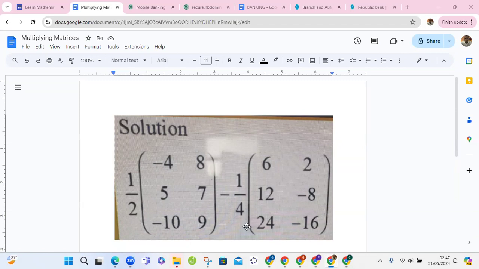So according to PEMDAS, we have to multiply first before we subtract. We need to do the multiplication of a half and the multiplication of -1/4, and then we can subtract them.